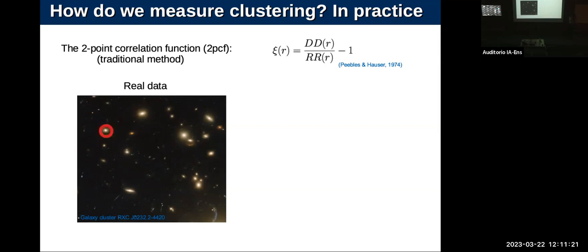So we will sit in the first galaxy of your sample, and then you will count all possible pairs of galaxies that that galaxy in red here may belong to. So that will be our first galaxy pair, our second galaxy pair, our third galaxy pair, and so on. So you will do this for all the galaxies in your sample, and in the end, you will obtain something that we call DD, data pairs.